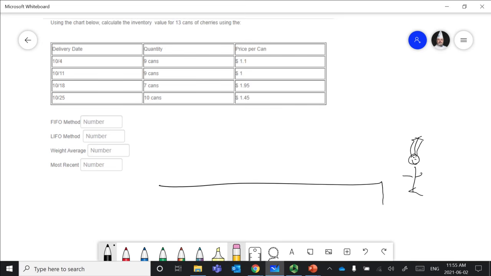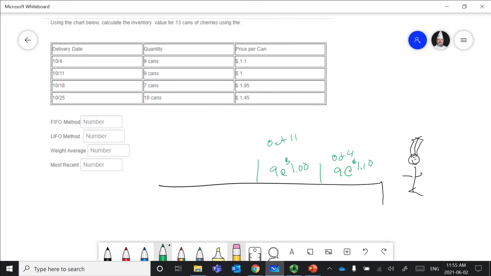So what order is going to be closest to the chef? Well, the oldest one, right? On October 4th, we bought 9 cans at $1.10 per can. And then we bought 9 more cans at $1 per can on October 11th.